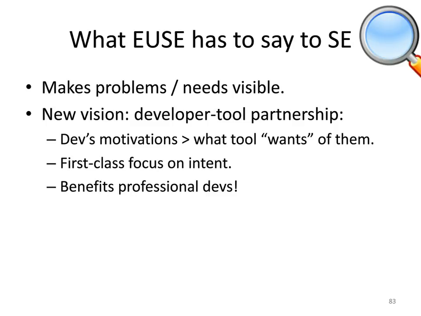One nice thing about end-user software engineering is it tends to bring a magnifying glass, a lens, to the problems that anybody might be experiencing in software engineering, not just end users. It makes these visible in a way that makes it possible to bring some of the gains back to classic software engineering.